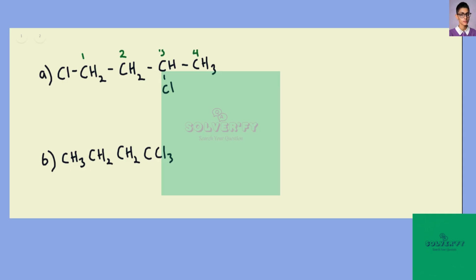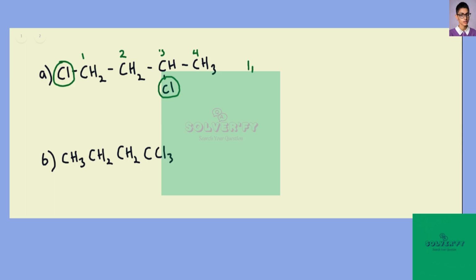Because there are no double bonds, we know that this is an alkane. It's a saturated hydrocarbon. And the longest continuous chain of carbons has 4, so my root is going to be butane. I should also note that I do have a chlorine atom bonded to the first and the third carbons.